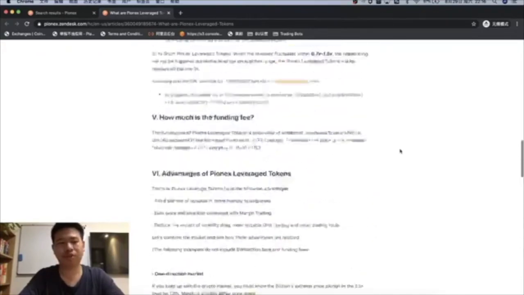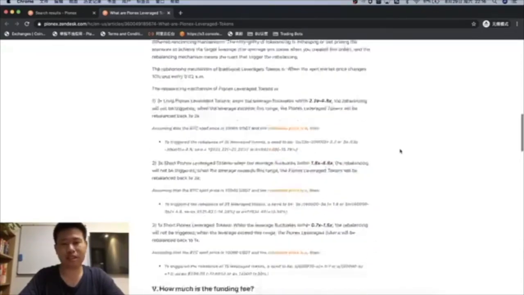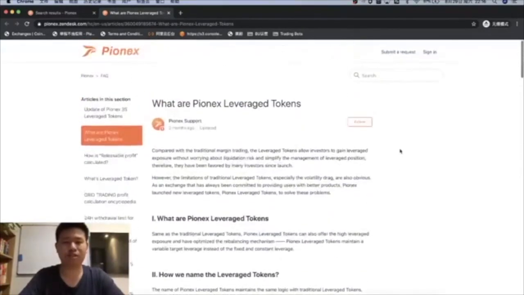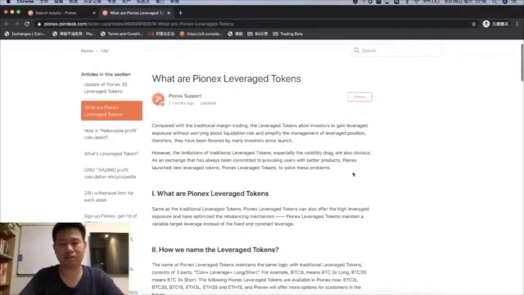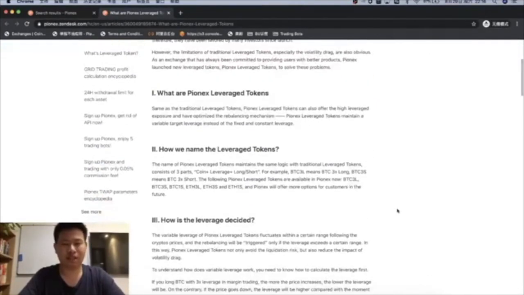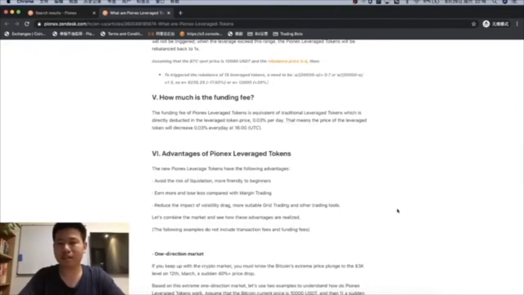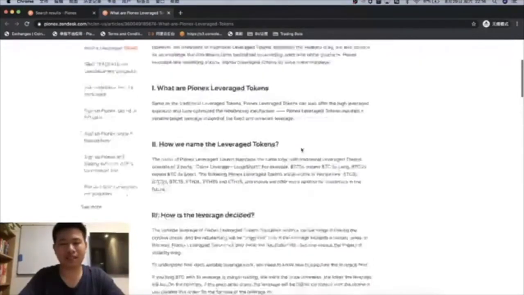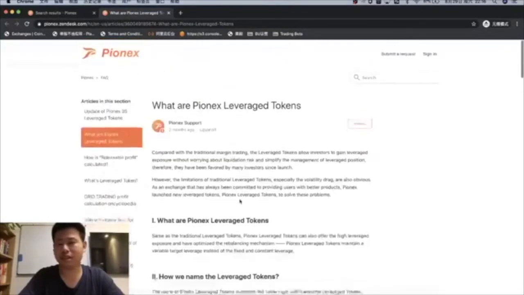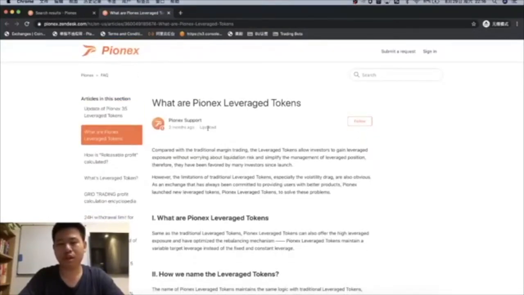So if you are interested in how to trade the leverage tokens, I recommend you to read it very carefully. And there are some mechanisms that we have updated, so maybe it's not here and it's in some newer articles. What we have improved is to reduce the rebalancing.